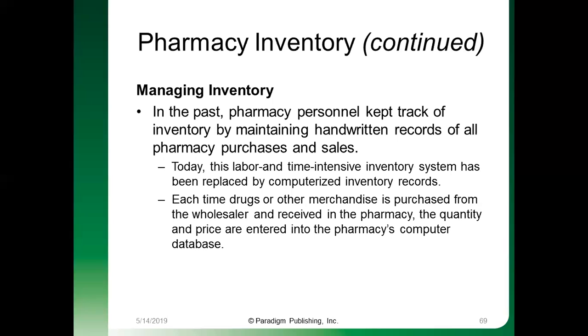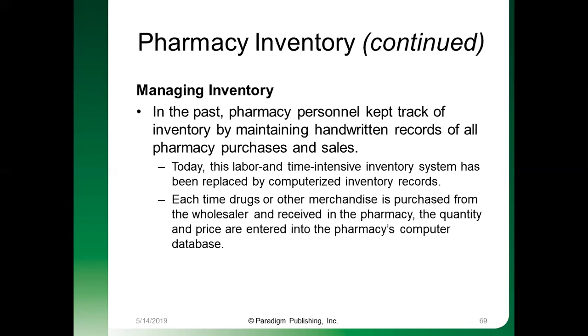So again, with the evolution of time, computers now are able to maintain those records. So whenever you enter that medication into the computer, the system knows how much inventory you have.